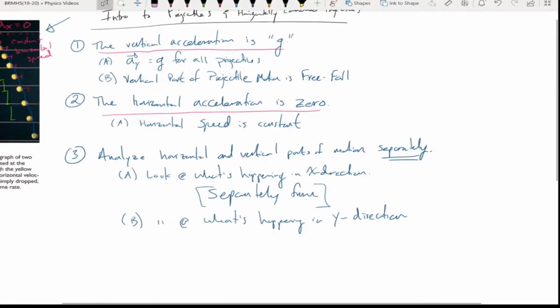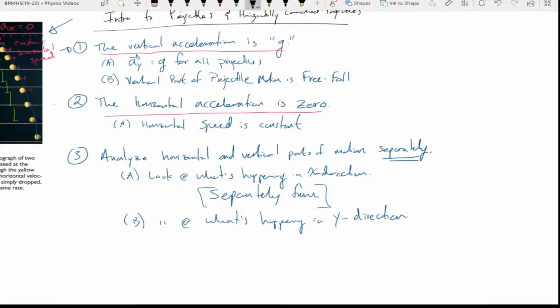Okay, so based on what we said in numbers 1 and 2 up here, 1, the vertical acceleration is little g, so what's happening in the y direction? That's going to be free fall, acceleration little g. All right, so that's stuff we know. Part A of number 3 here, look at what's happening in the x direction.